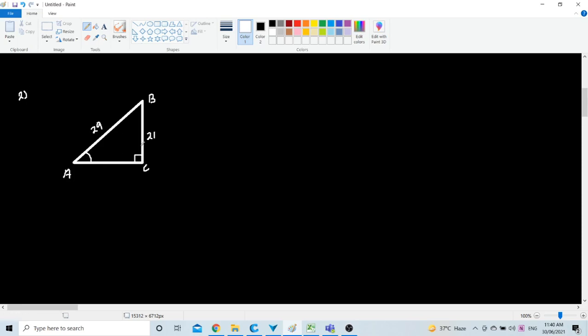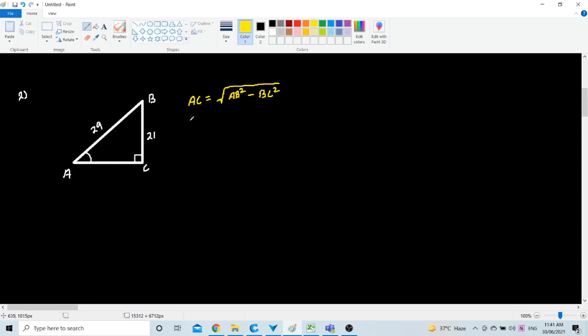What you can do is, first of all, find out the value of AC. So as per the Pythagoras theorem, this AC should be equal to under root of AB square minus BC square.